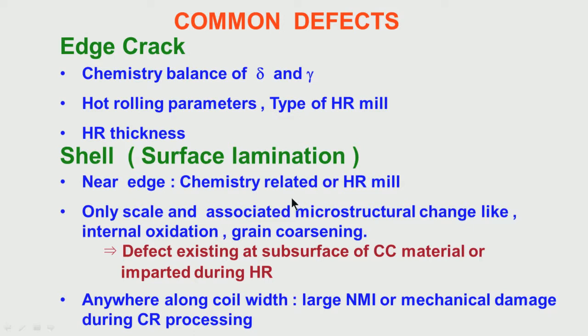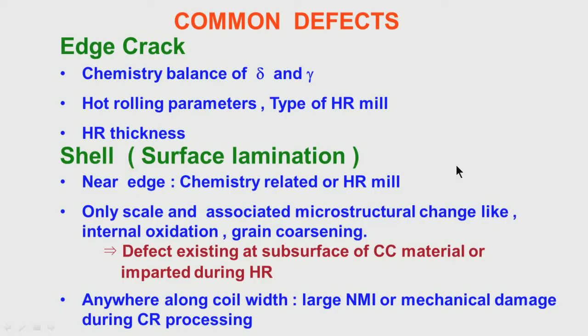It is related to chemistry means, as I mentioned, for 304 grade, I have given an example that there was a lamination, and just below the lamination at the subsurface there was a crack. So, these laminations near the edges come from defects, cracks, or longitudinal depressions near the edges for the so-called peritectic grades, that is around 0.1% carbon, or 304 stainless steel.